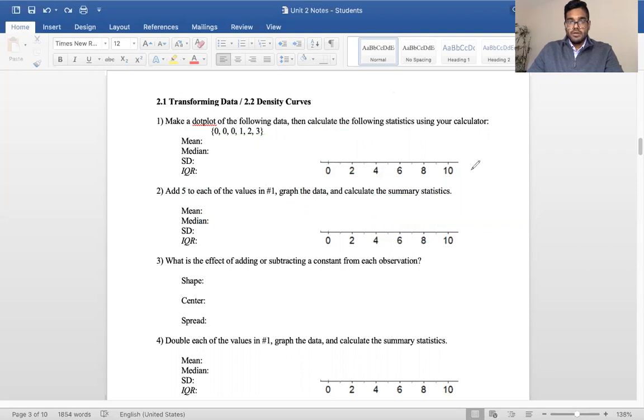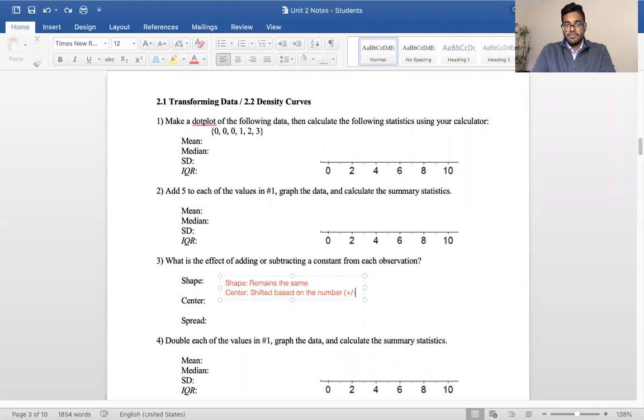Okay, so we can summarize this a little bit. What is the effect of adding or subtracting a constant from each observation? The shape remains the same, and that's how you notice it when you move the graph up. The center is shifted based on the number, so that's either going to be a positive or a negative.